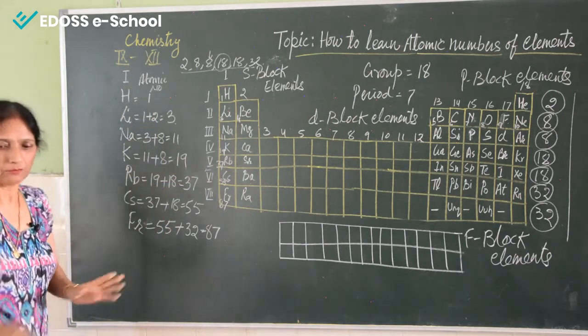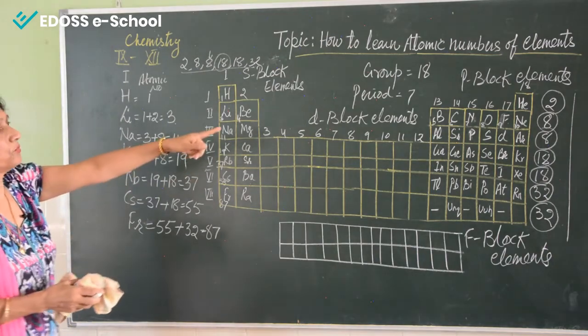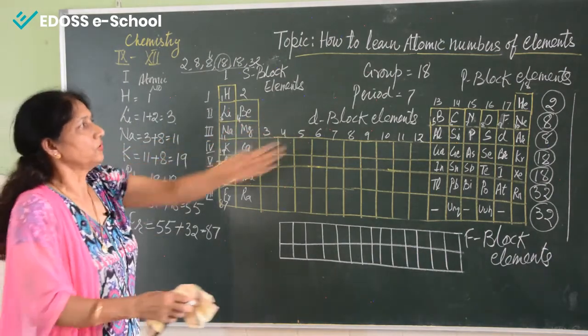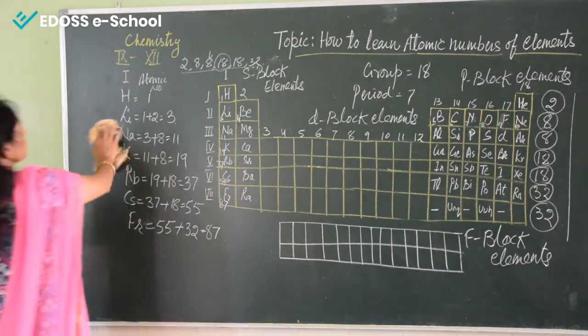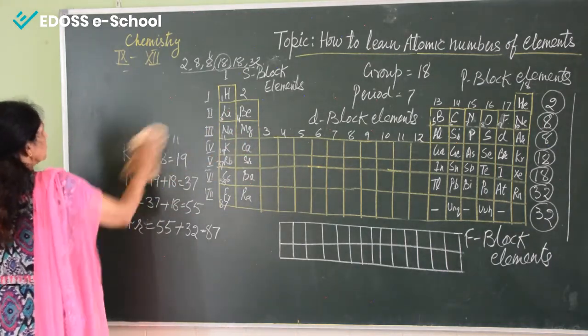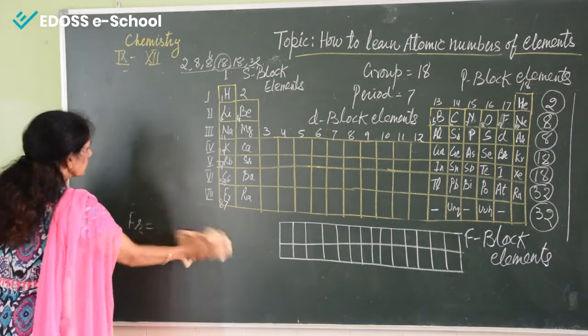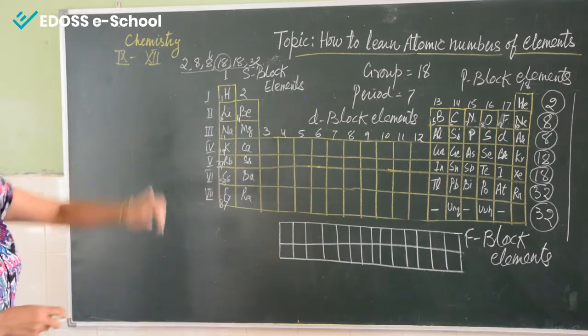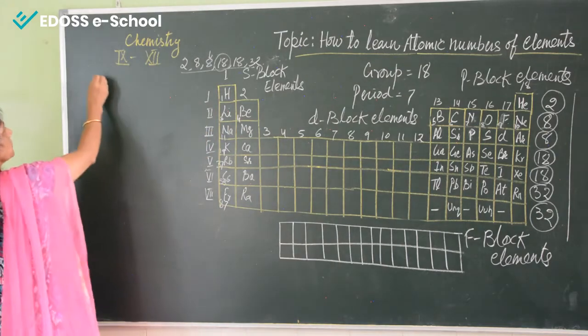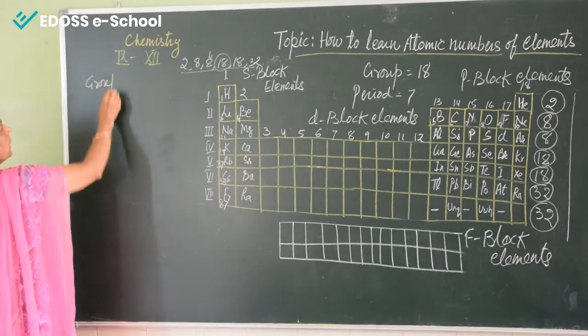One more example I am taking here. We can take the last groups also, group 17 or group 18. So let's take the example of group 17. I am writing here, this is group 17 elements.